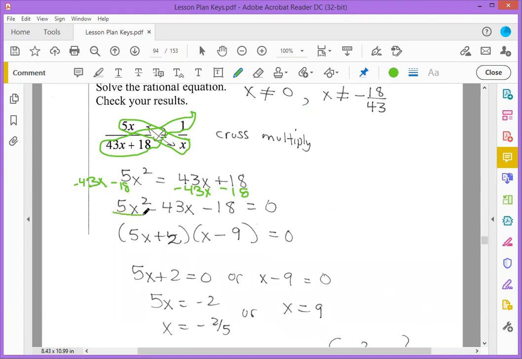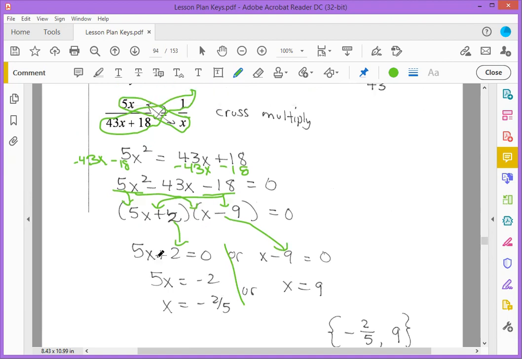We're going to factor this trinomial, factor that 5x squared using 5x and x. And we're factoring the minus 18 using +2 and -9. We'll set each of these factors equal to 0 and solve the equations. So 5x plus 2 we set equal to 0. We're going to solve by subtracting 2 from both sides of the equation and then dividing both sides of the equation by 5.